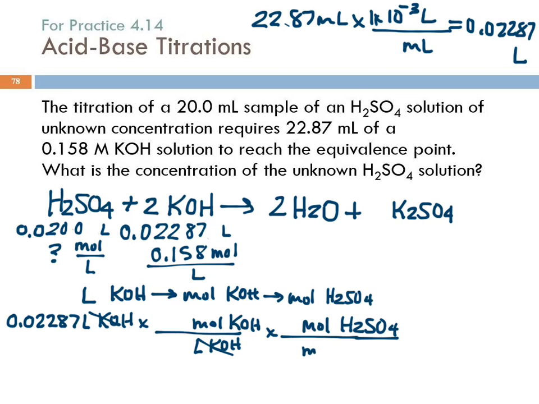And down here I've got moles of KOH, and these units are going to cancel out. So this is the molarity of the solution, which they gave us, 0.158. And this is from the balanced chemical equation. There's 2 moles of KOH.